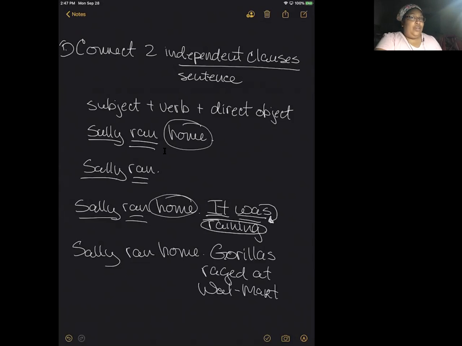Are these two related? Unless I know why she ran home, if it's because of those darn gorillas, then yeah, I would put it in there. But if they're not related, and I don't believe that they are, these are two separate sentences. So I would not connect these with a semicolon.